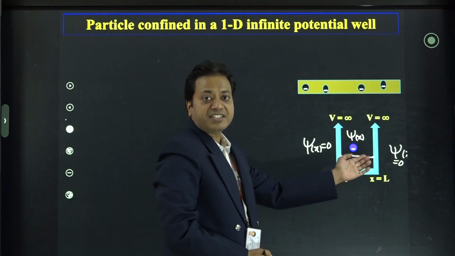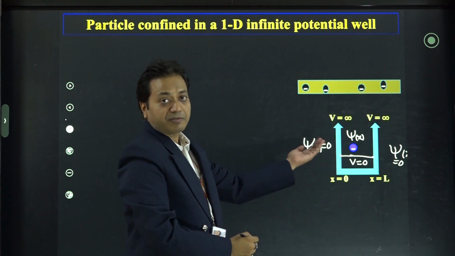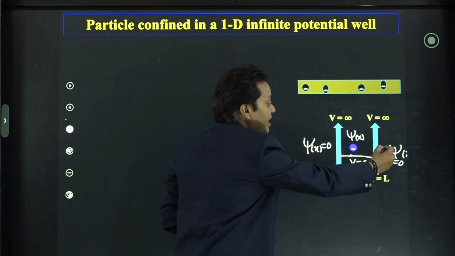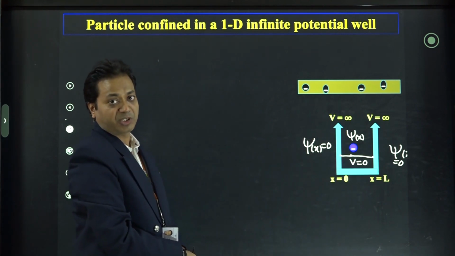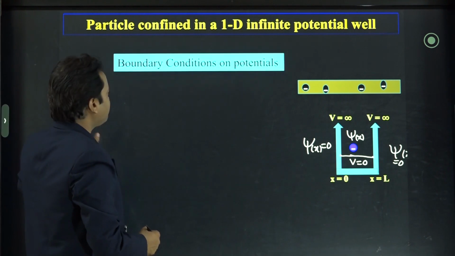And the potential inside the well is 0. Outside the well it is infinite. This side also it is infinite potential, and this side also it is infinite potential. So we can write the boundary conditions.